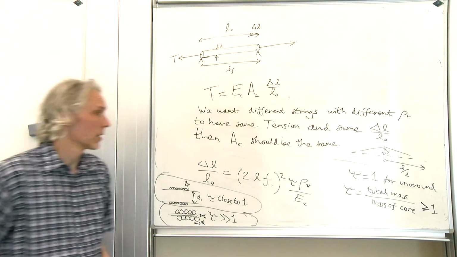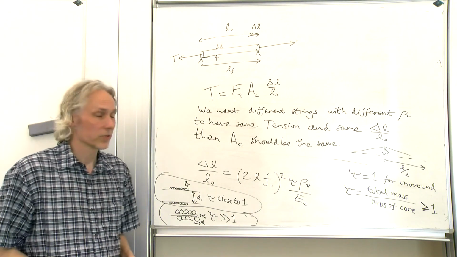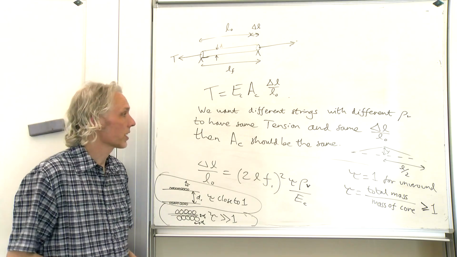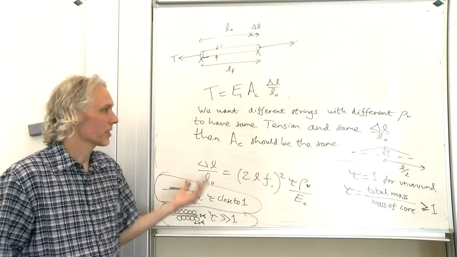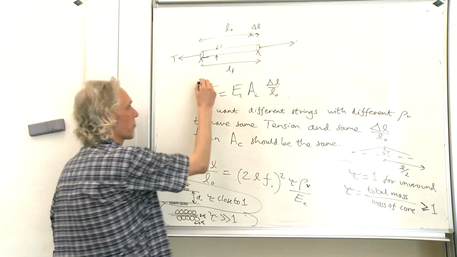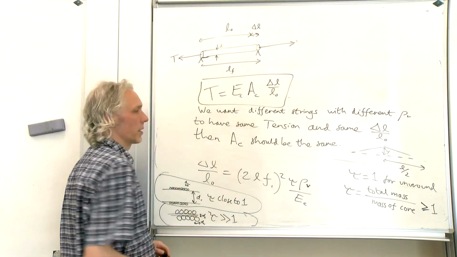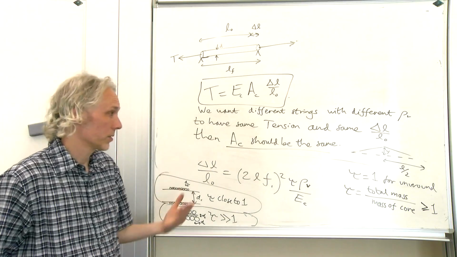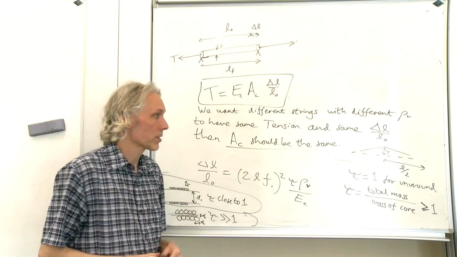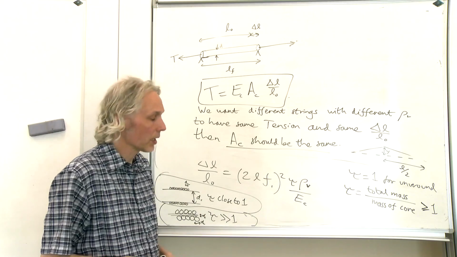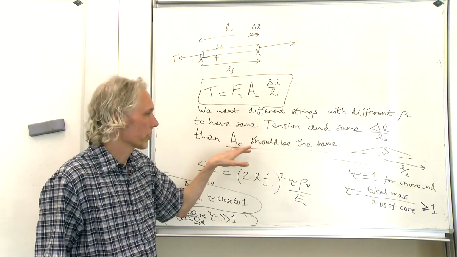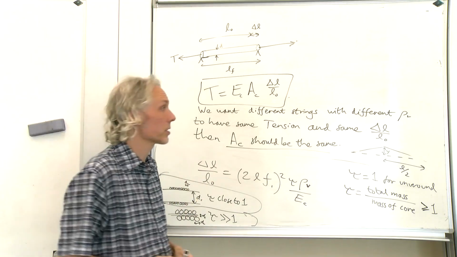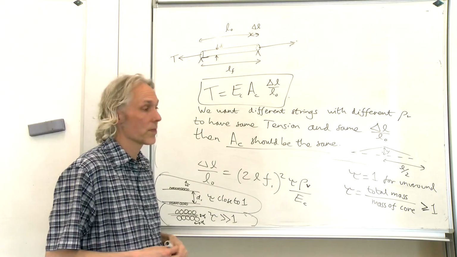Okay, so that's rather a long way of getting to this point, but what we see here is that one equation, and actually if we want the different strings to have the same sensitivity, then we want to have them having the same core thickness if they've got equal tension.